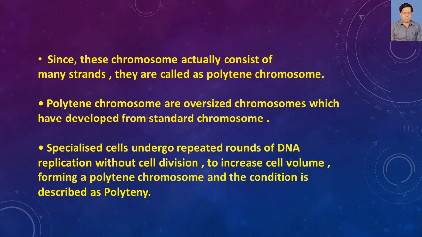In specialized cells in certain organisms, they undergo repeated rounds of DNA replication without cell division. That increases their cell volume, forming a polytene chromosome having multiple strands, and the condition is described as polytene.